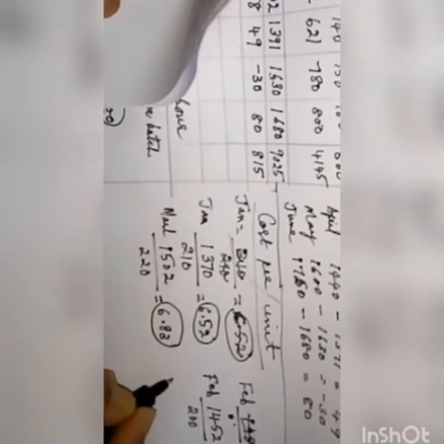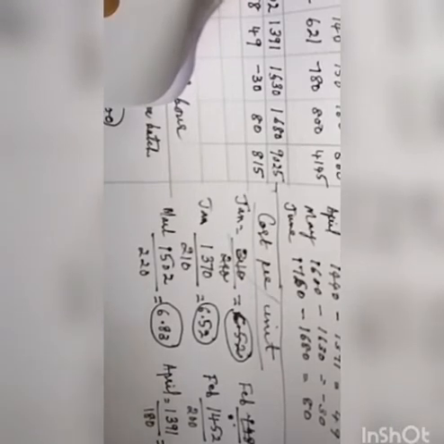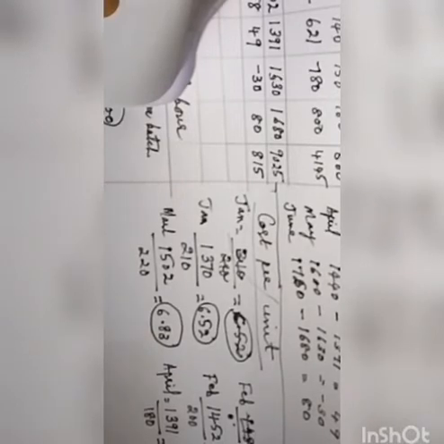March month total cost 1502 divided by total number of units produced 220, and the cost per unit 6.83. April month total cost 1391 divided by units produced 180, and the cost per unit is 7.73.